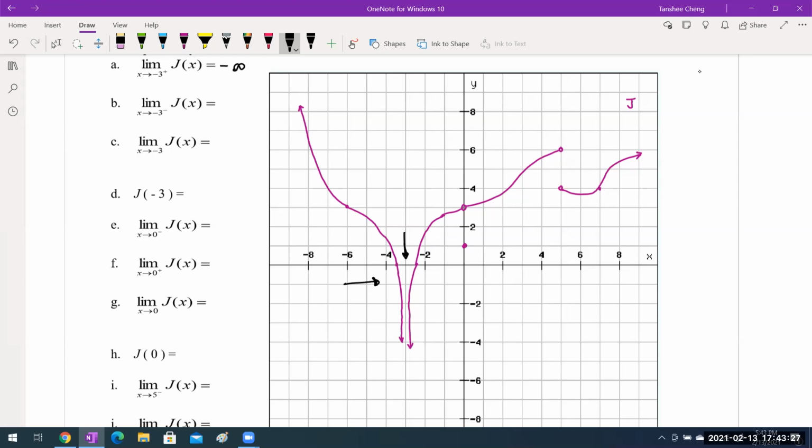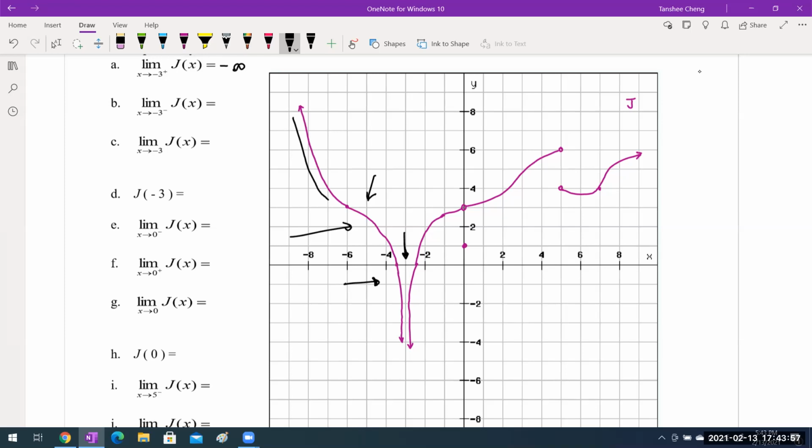To find the limit, we're going to be using the graph of this function J, and we will be using this portion of the graph, because when it's coming from the left-hand side, it will be this portion. Coming from the left-hand side, as the x value gets closer and closer to -3, notice that the graph is, again, going down to what? -infinity.